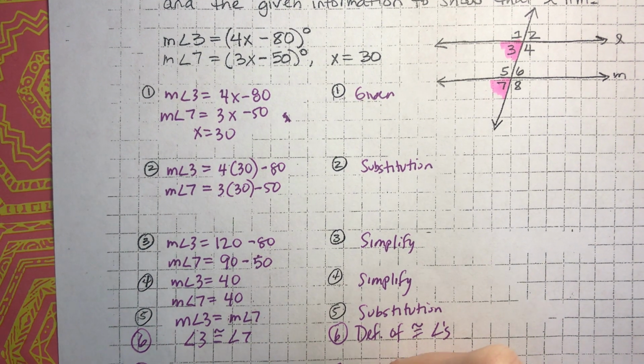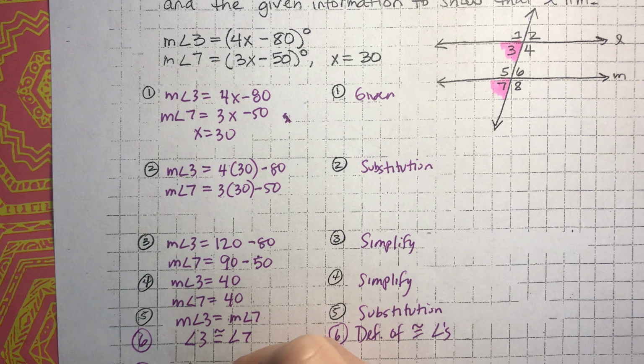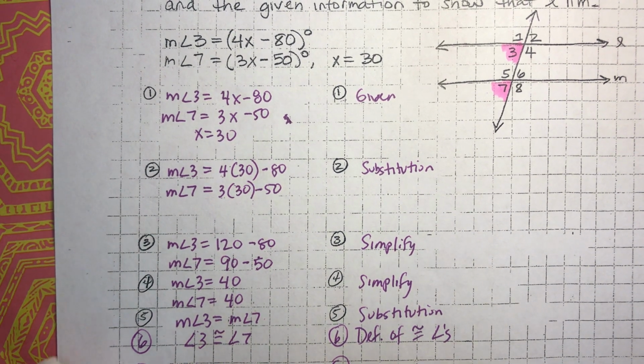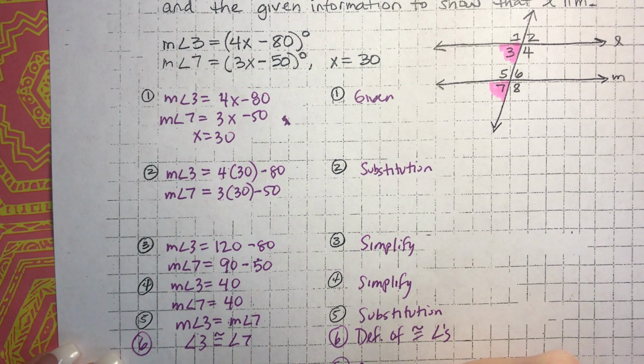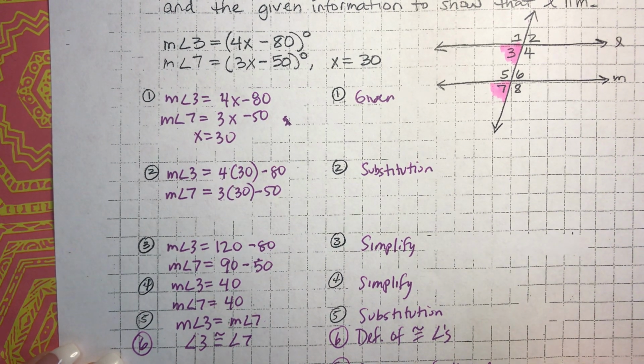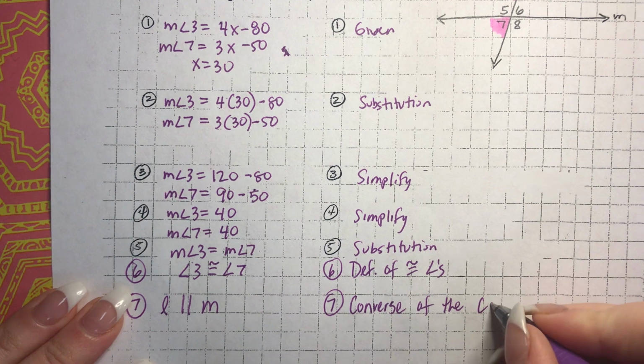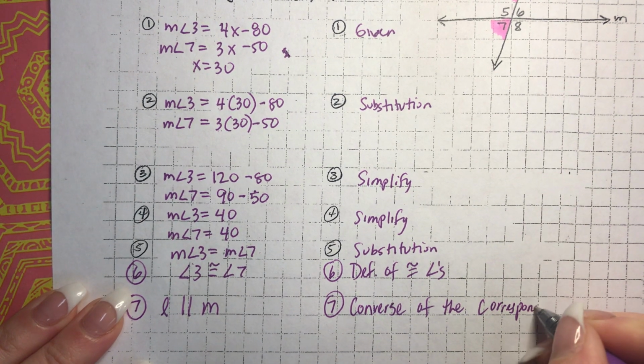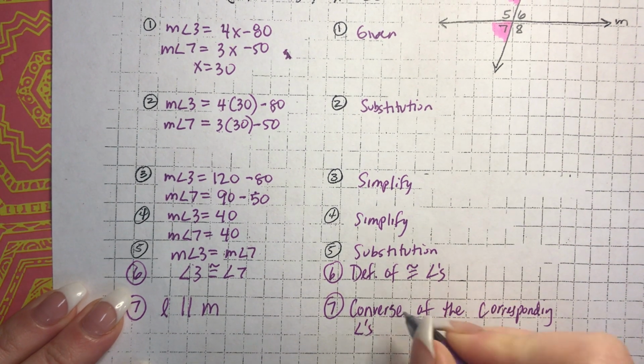I'm going to actually just give myself a space. So L is parallel to M by the converse of the corresponding angles theorem.